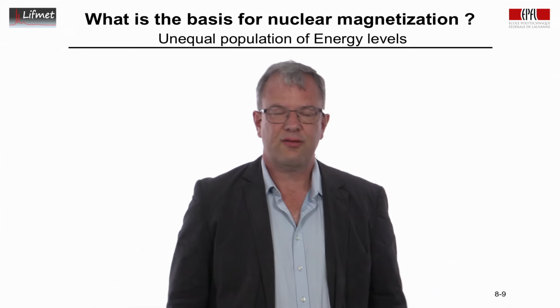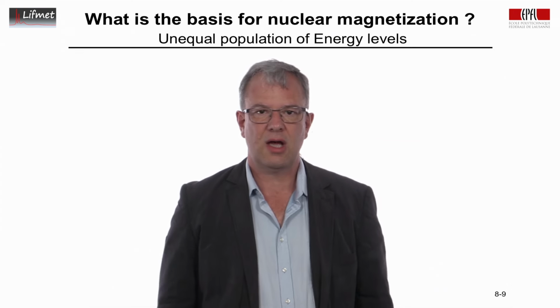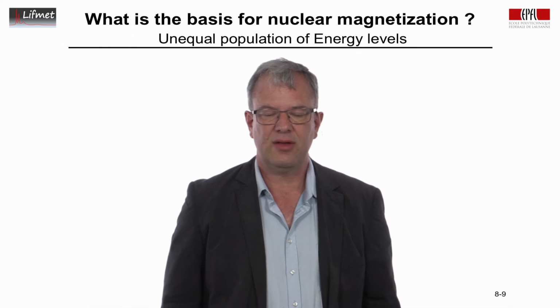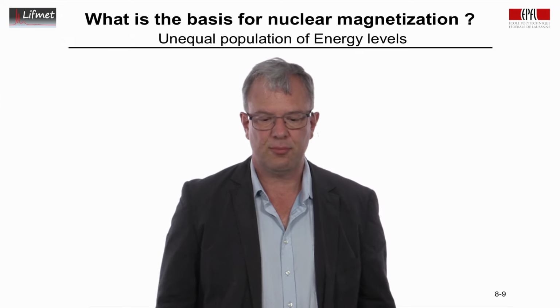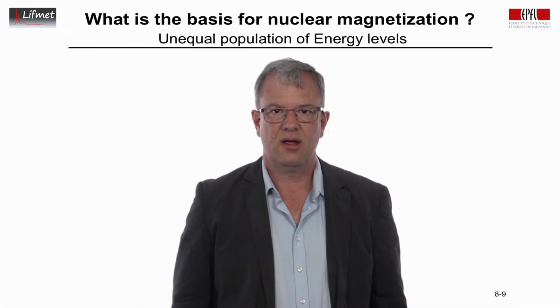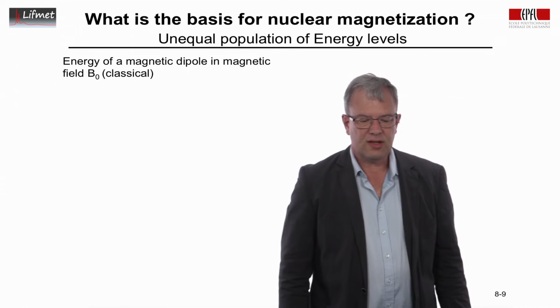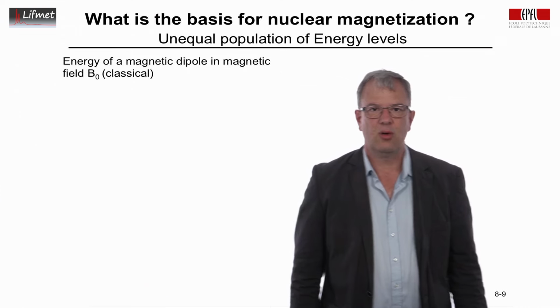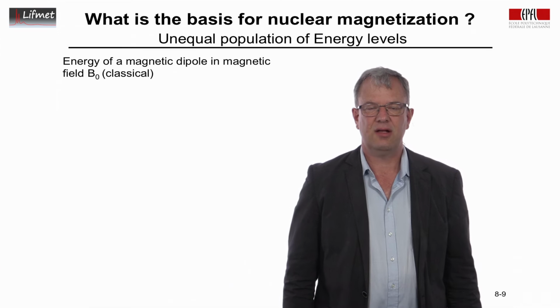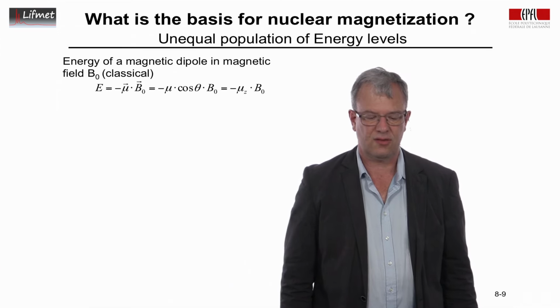So far I've explained that some nuclei carry an angular momentum, they therefore carry a magnetic moment, but now how does this generate a macroscopic nuclear magnetization? That's the question we're going to address here. So let's look at the energy of a magnetic dipole in an external magnetic field, and we'll stick here to the classical description.